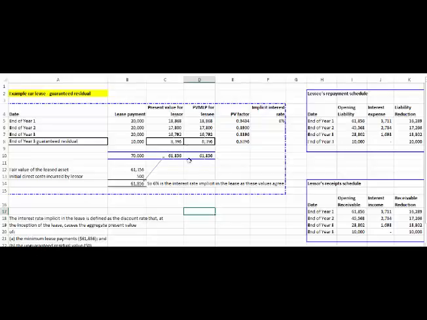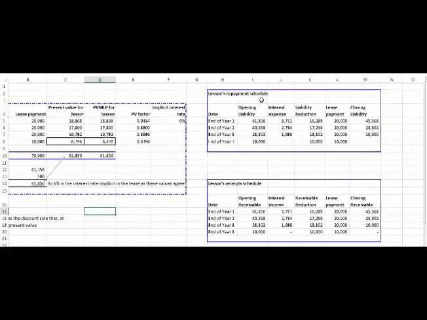So from the lessor's perspective, the present value is exactly the same because the minimum lease payment includes that guaranteed residual, and there's no unguaranteed residual to discount. So if I look over to my lessee's repayment schedule, it starts with a liability of 61,856, and at the end of the lease, the end of year 3, it comes down to 0.